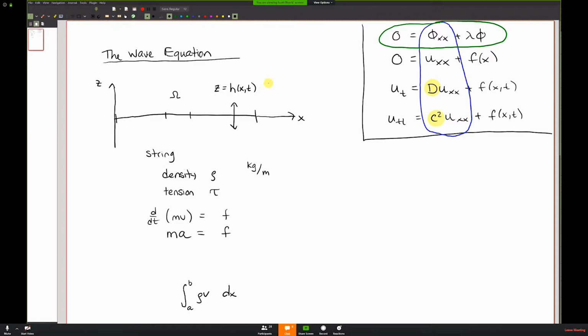And we're going to assume that the wire is not moving too much. It's not going to have weird, huge changes in slope like this. If you're familiar with a stringed instrument, this is common. The string is much longer than the magnitude of the displacements. And the way that you can specify that is to say h_x, we're going to assume, is significantly less than 1. Okay, so the string is vibrating, moving up and down, but not so much that the slopes approach 1.